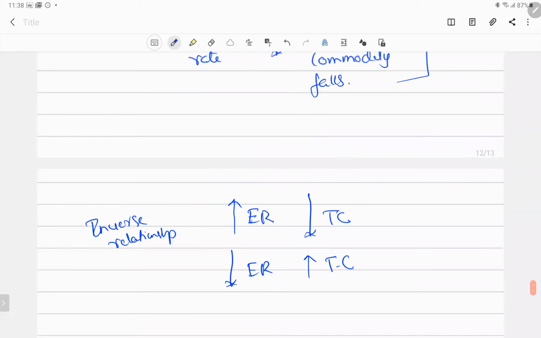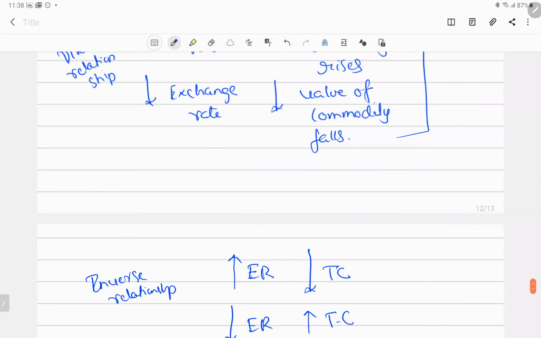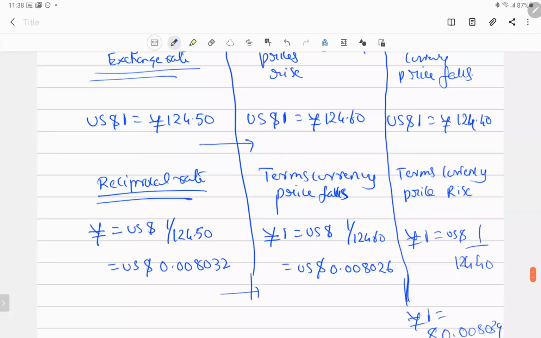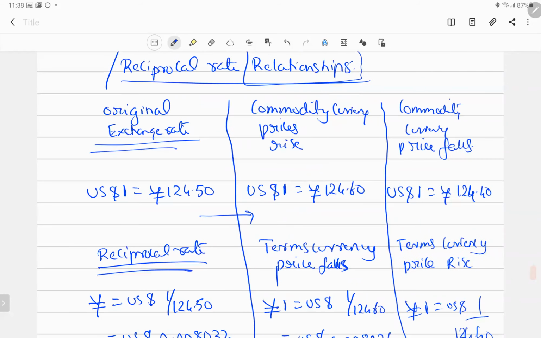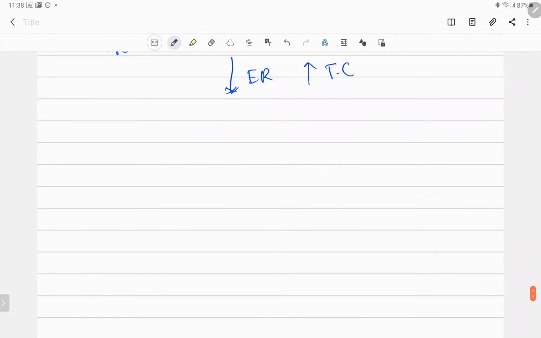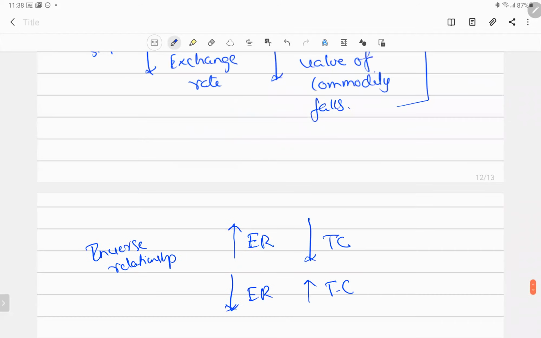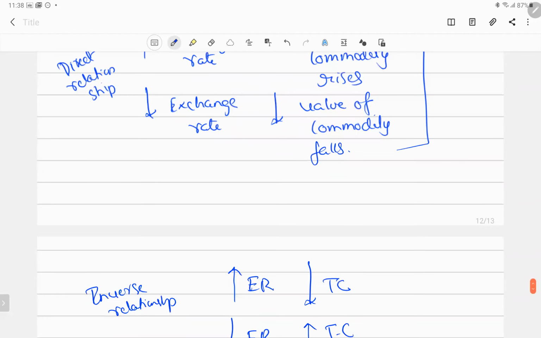So this is the relationship that we can interpret between your exchange rate, whether it is a reciprocal quote or the commodity quote or the base quote, whatever rate they have. The direct rate or the base rate or the commodity rate that we have. So this relationship is very, very important.